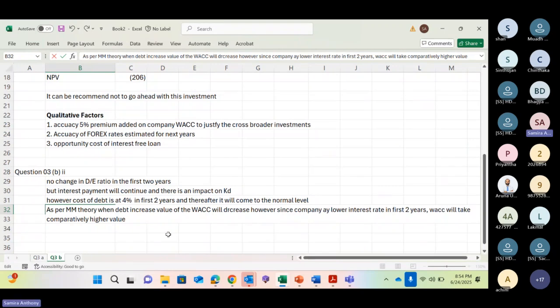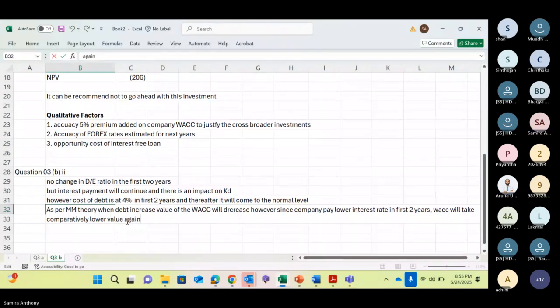This company pays a low interest rate, so WACC will take a comparatively lower value against the third year and onwards. Hanifa, is that clear? Yes, sir. It's clear, sir.